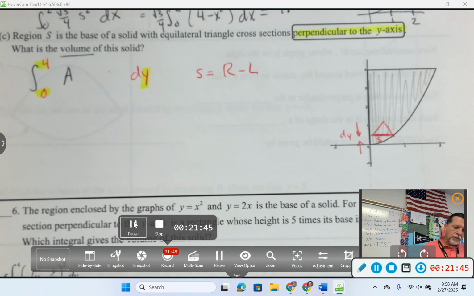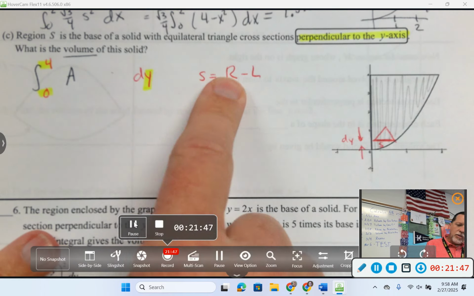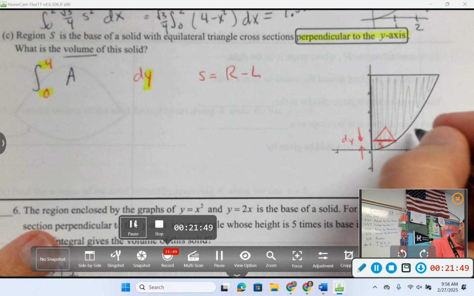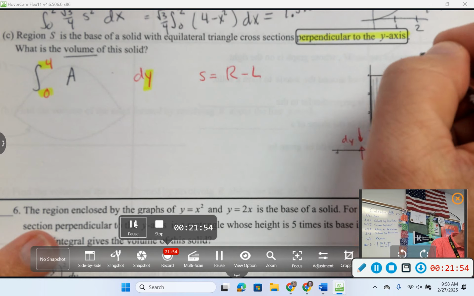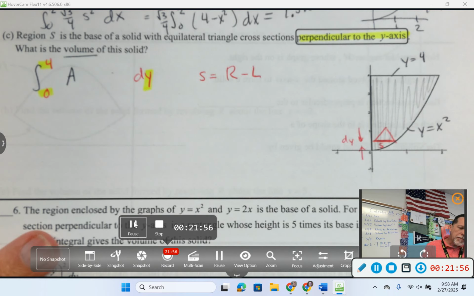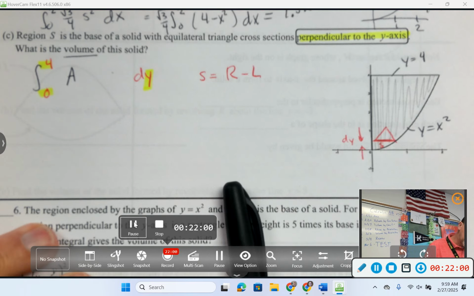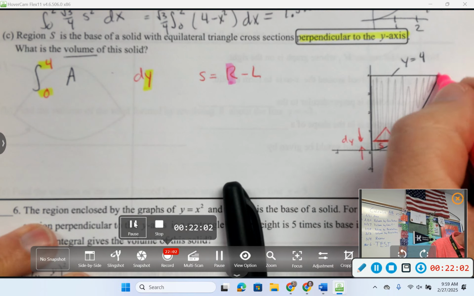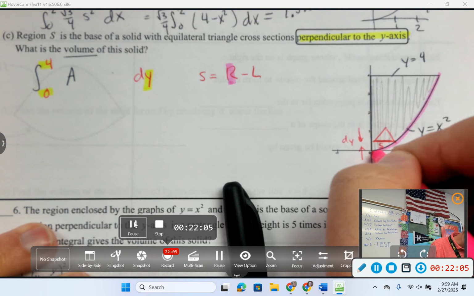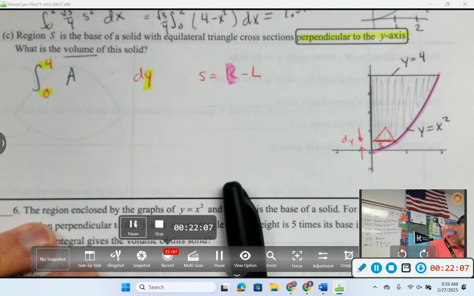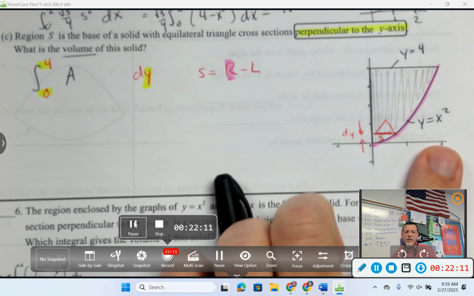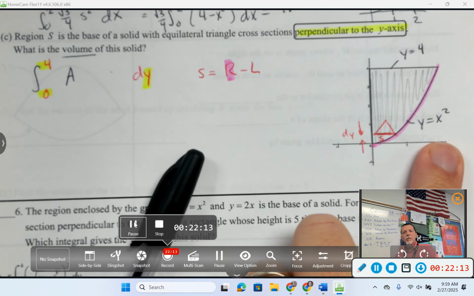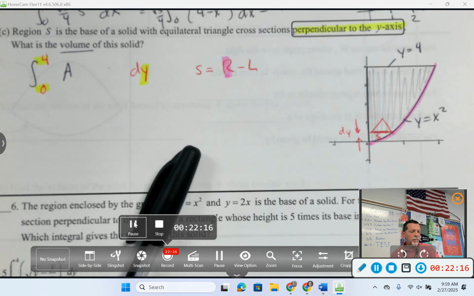Here's the trick for this one, though. It needs to be in terms of y. So normally I'm thinking this is y equals x squared, and this is y equals 4. So my right side is that side, but I need it in terms of y. So I don't want to say x squared. I want to solve that for x so that I have something in terms of y.